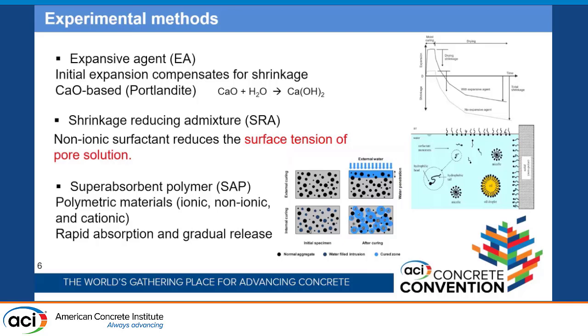I chose the CaO-based because of its high heat of hydration, quick initial hydration, and less water demand, and it doesn't have later age expansion, which is not desirable. Shrinkage-reducing admixtures are non-ionic surfactants, which reduce the surface tension of the pore solution and reduce the shrinkage. Superabsorbent polymers are polymeric materials classified into ionic, non-ionic, and cationic, and they absorb a lot of water and release the water over time, gradually into the matrix.